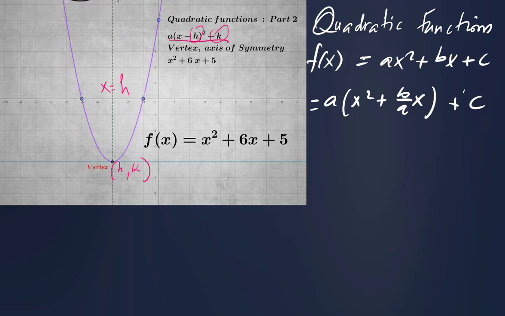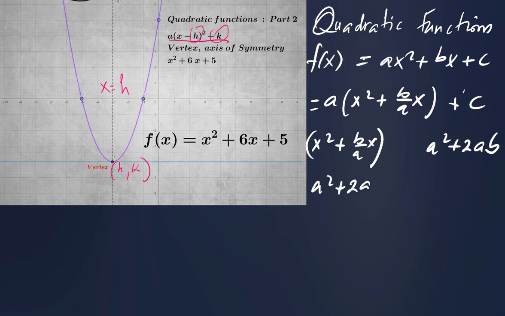We can also say that x squared plus b over a x is of the form a squared plus 2ab, and we know that a squared plus 2ab is equal to (a plus b) squared minus b squared, correct?